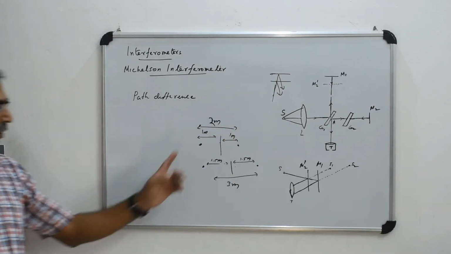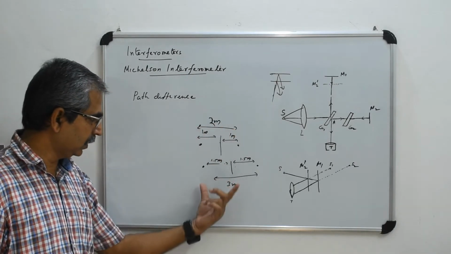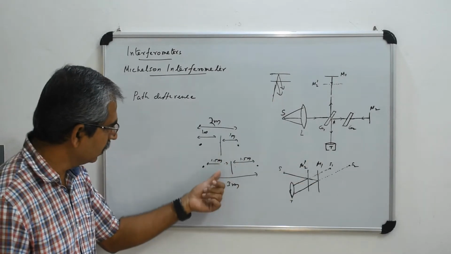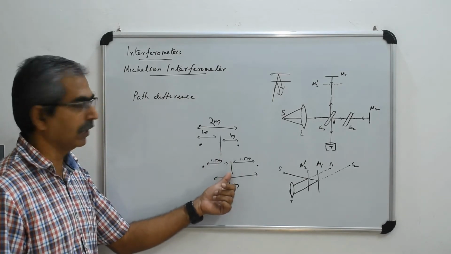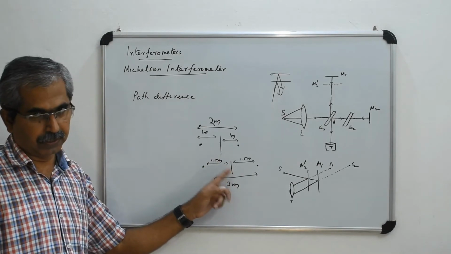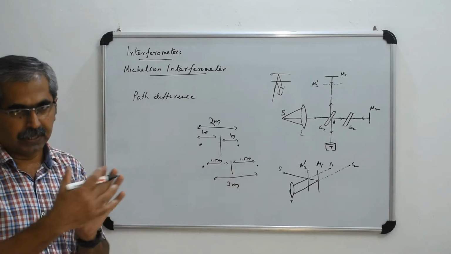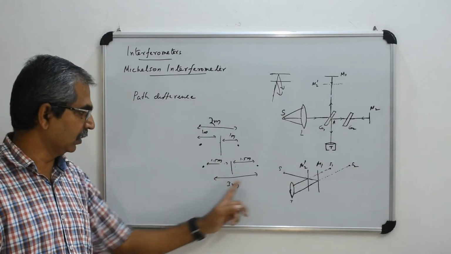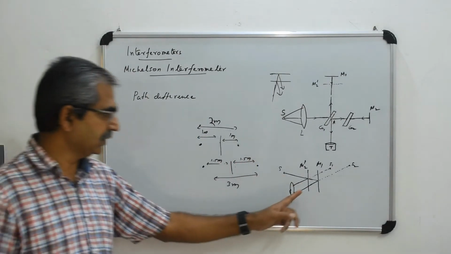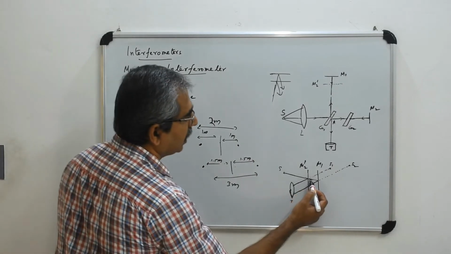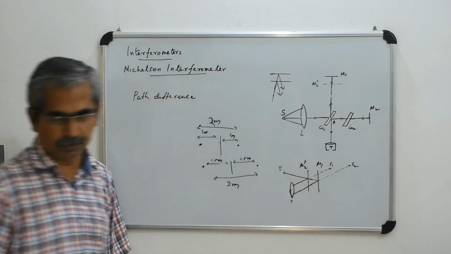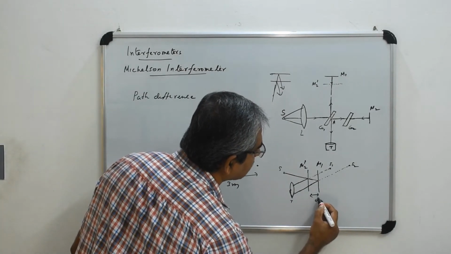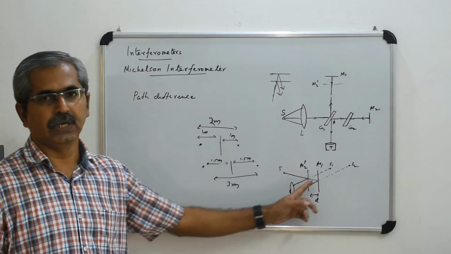That means the image is moved through 1 meter. So when the mirror is moved through 0.5 meter, the image is moved through double that, equal to 1 meter. The same principle can be applied here. There is reflection from two mirrors, M1 and M2 dash, and the distance between the two mirrors is taken as D.